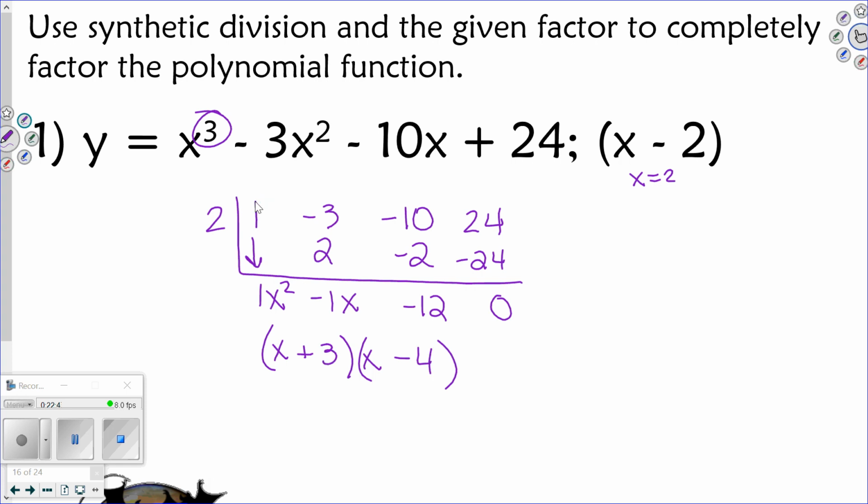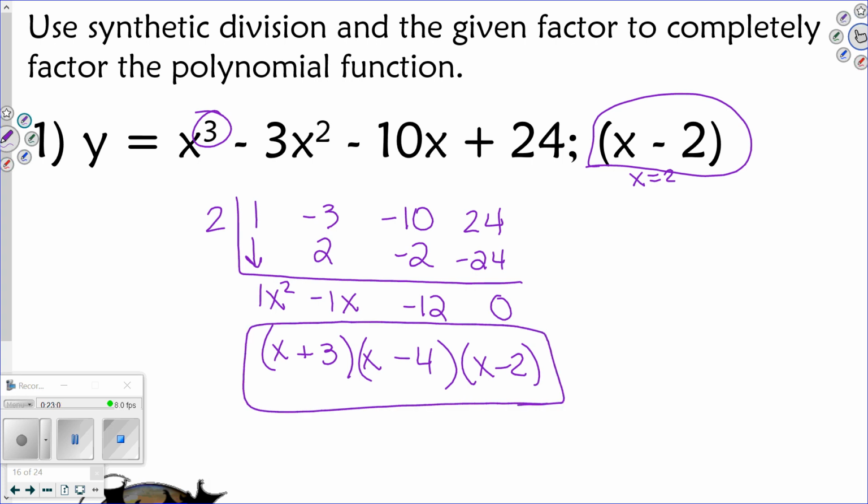All right, I want you to stop and think for a minute. Come all the way back to the beginning. This was x cubed, so how many factors should I have? Should I have 3? Where's the third one? I gave you one. You would be shocked how many people will miss a point on the test because they don't write down the given. We're not solving, we're just factoring.